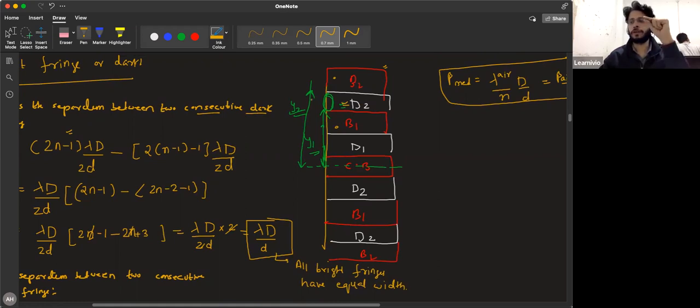Fringes are alternate. Central bright, then first dark, then first bright, and second dark, second bright, and so on.